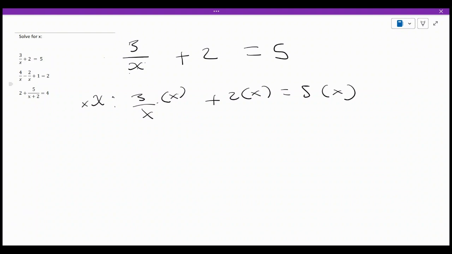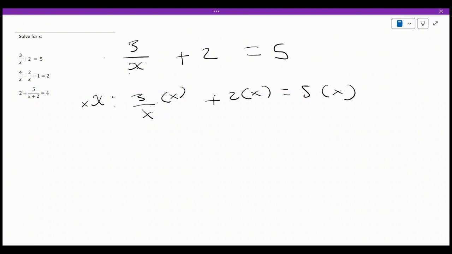You multiply out x on every term, and then this denominator will cancel with that x, and then you don't have a variable in a denominator anymore, and then you just have simple terms that you can deal with.